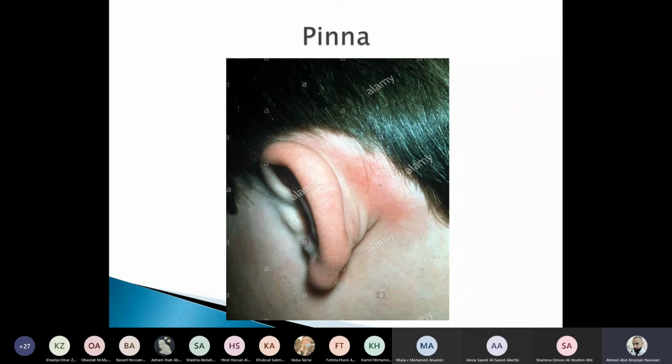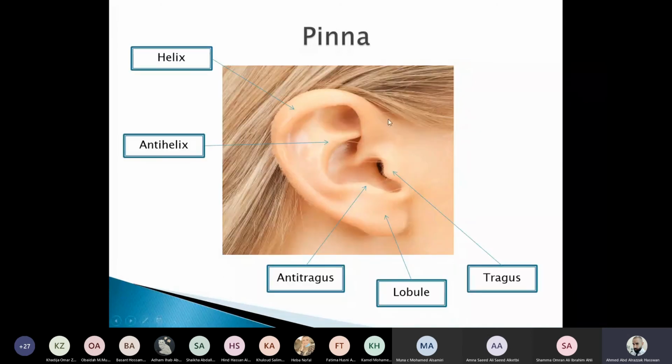So actually, mastoiditis is connected to ear infections and conditions. So if we go back here, once we inspect the external ear, we look if we have any redness, if we have any swelling, if we have any discharge coming from the external auditory meatus, whether it's just a fluid, whether it's bloody, whether it's pus.